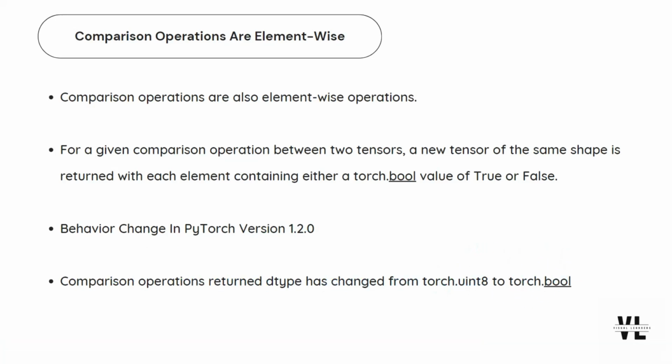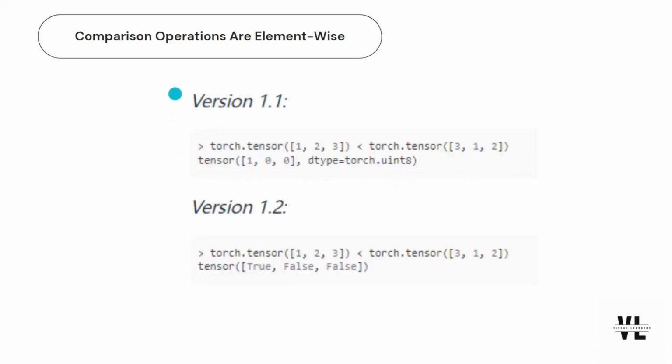So let's see an example to understand what this is saying. Before, in previous versions of PyTorch, when you try to compare two tensors using a comparison operator, it performs element-wise comparison between the corresponding elements. And if it is true, it's going to return an integer 1. And if it is false, then it's going to return an integer 0. So in this case, 1 is less than 3, it's true, so we have 1.